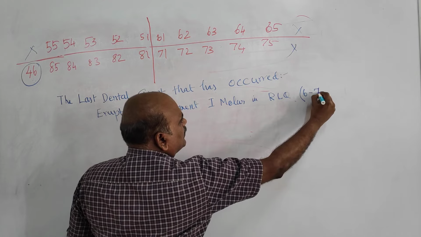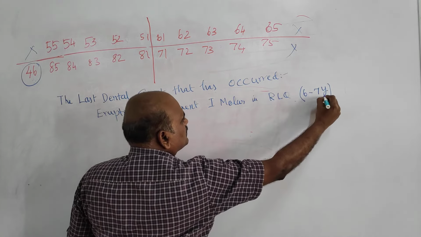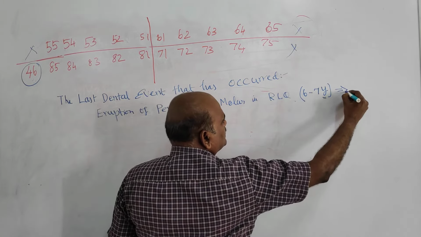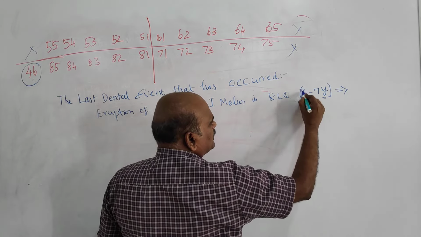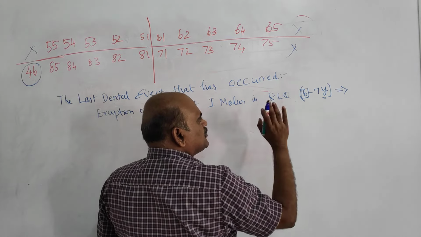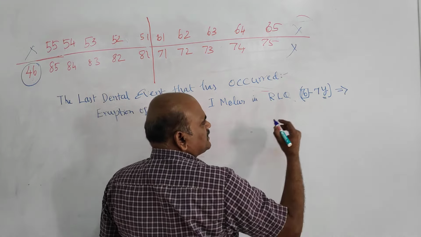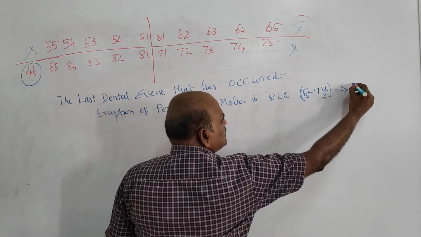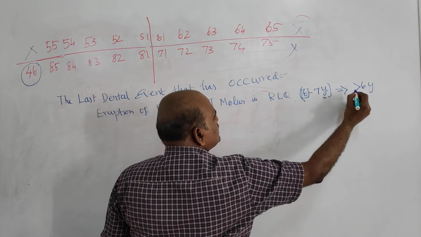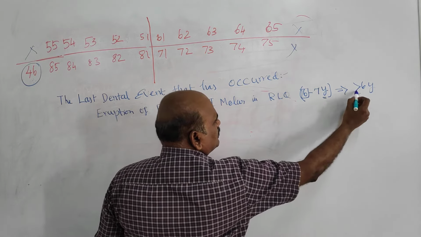In brackets write the normal age, 6 to 7 years. Here also you have to mention year or month. So what is the inference? Since it has erupted, take the lower limit. The general principle we have already discussed: for any tooth erupted in any quadrant, take the lower limit of that range. Since it has erupted, certainly the child is more than 6 years. We have to use the symbol, more than 6 years.